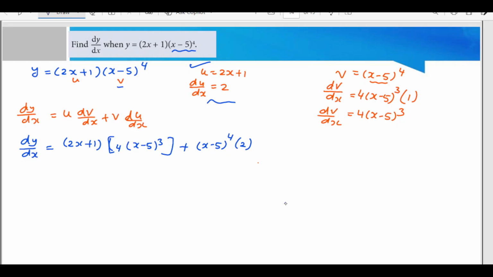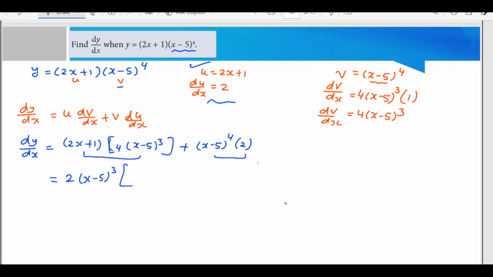So these are the values that we have used from here. Now it's just a matter of simplification, so I can rewrite it here. If I see, we have this term and this term. As you can see, we can take out 2 common, and (x - 5)^3.